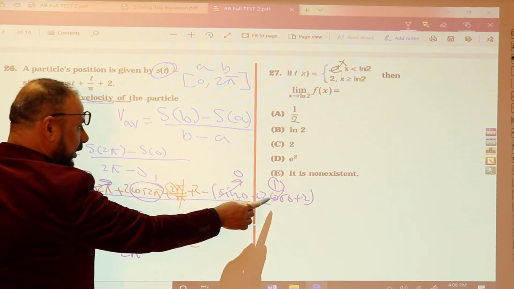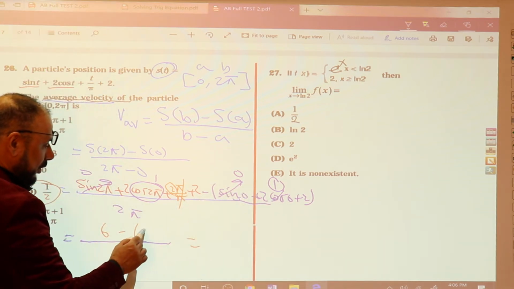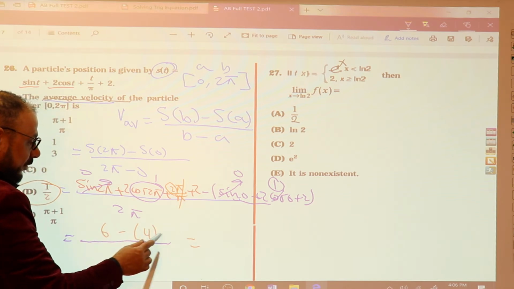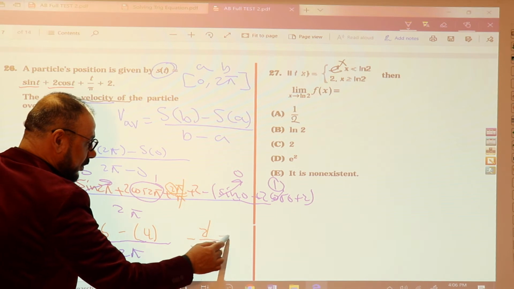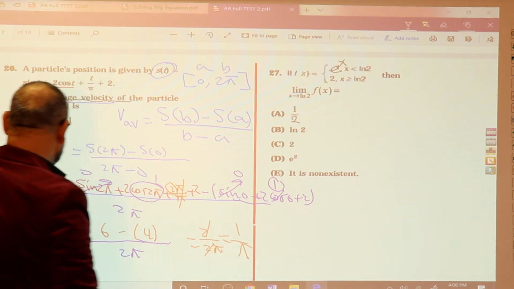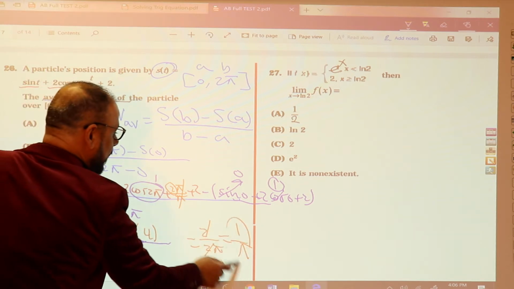Minus, and here we have the bracket 0 plus 2 plus 2, which is 4. 6 minus 4 is 2, over 2 pi, cancel this with this, 1 over pi. D, the answer is 1 over pi.